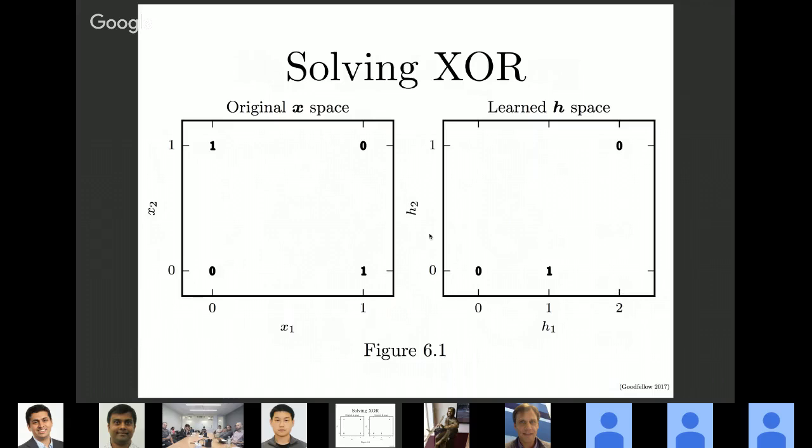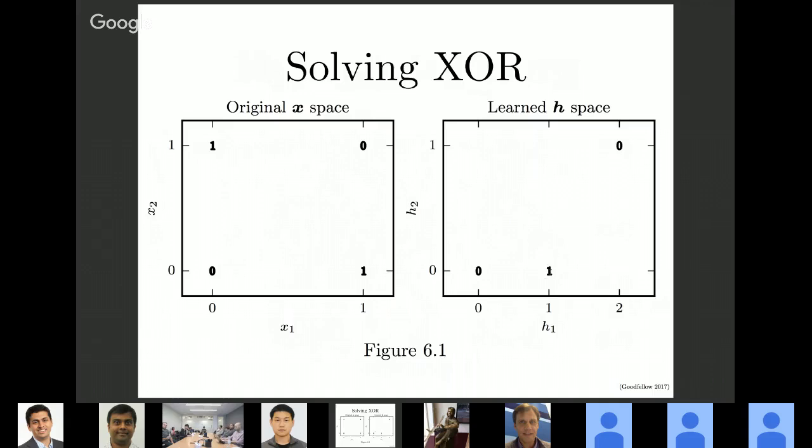So next, let's look at what happens with H2, the feature where we shifted the sum of the bits down by 1 and then clipped it with the rectified linear function. It turns out that this 0 over here gets mapped to a value of 0 rather than -1 down here. If it had gotten mapped down to -1, it would be kind of along a line with this 1 here, and it would be hard to separate.